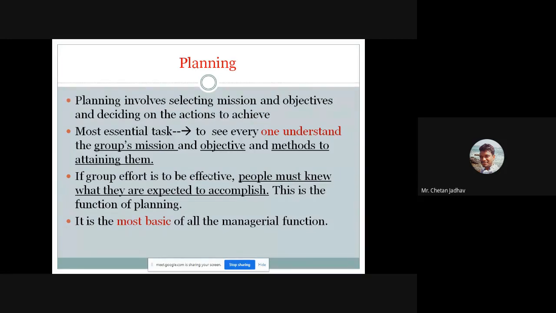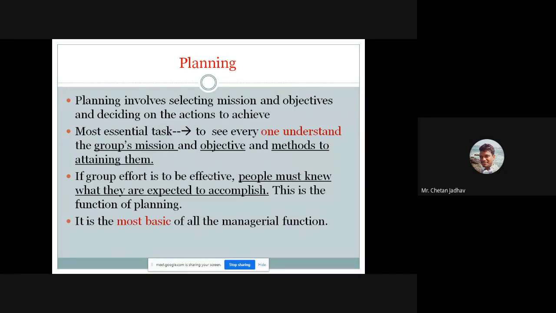If group effort is to be effective, people must know what they are expected to accomplish. If your team of workers and employees is to be effective, then in that 100 employees, about 90 to 95 are doing great work, and the remaining 5 to 10 employees are neglecting their authorities, their responsibilities.